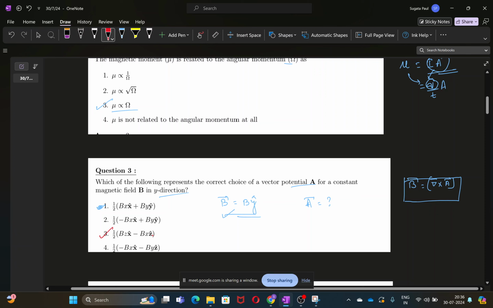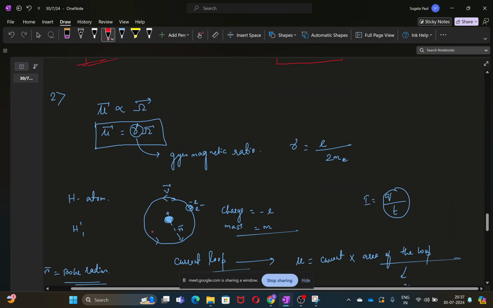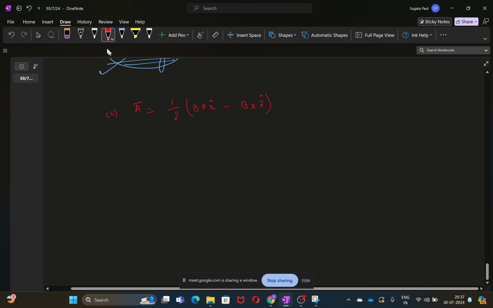Bz x cap minus Bx z cap. Okay. Now let us calculate the curl. Again the same method, curl of A. Okay, so there will be a half factor in front of it because there is a half in the A vector. Everything else is the same.